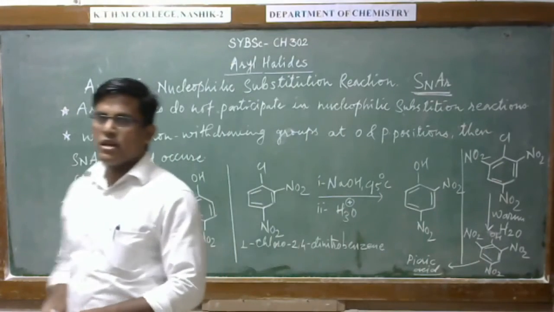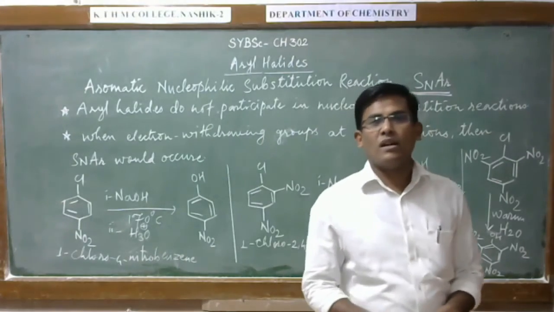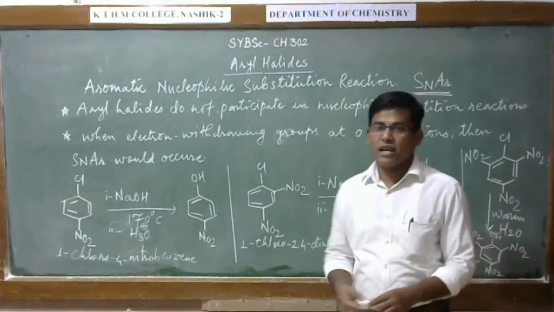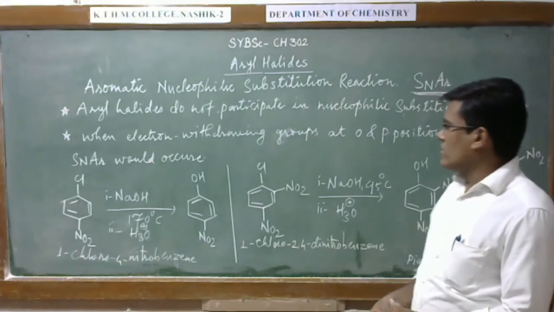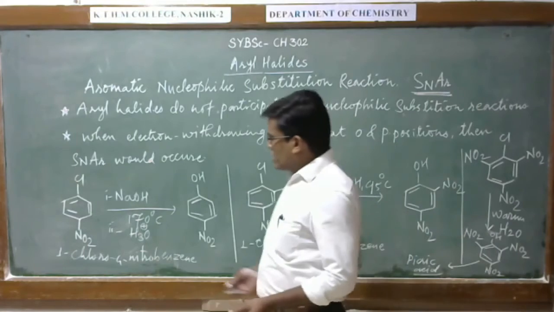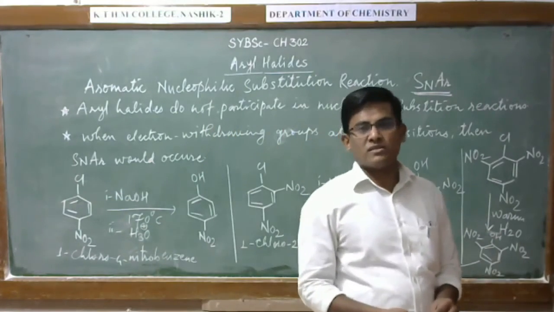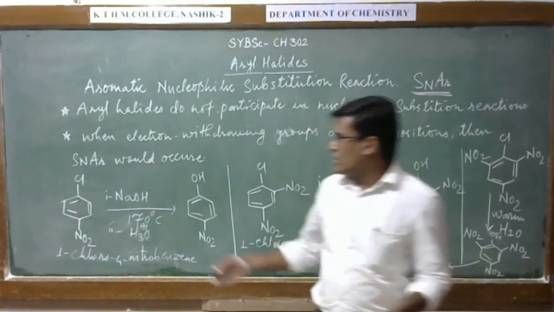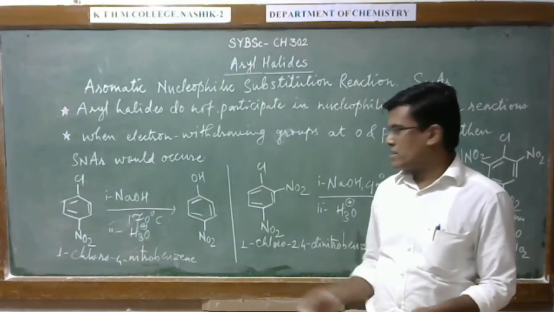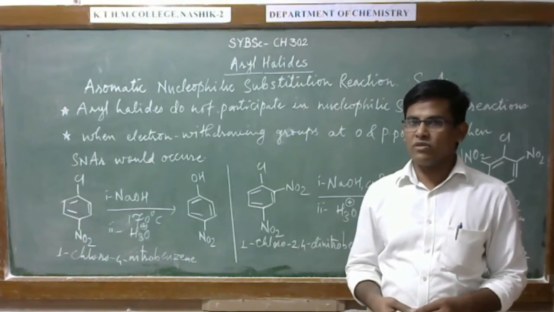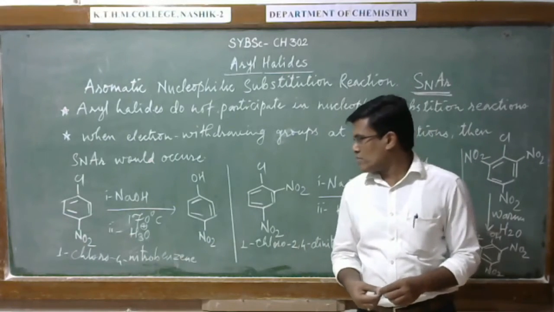So here you can easily recognize the conditions and the effect of this electron withdrawing group, that is the nitro group. When we don't have this nitro group at the ortho or para positions, the aryl halide, that is chlorobenzene, reacts with NaOH at 350 degrees Celsius and along with high pressure, that is 300 atmospheric pressure.